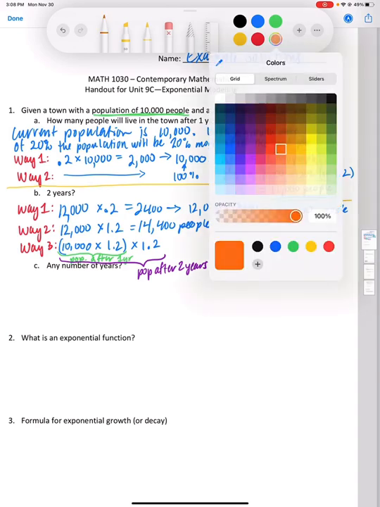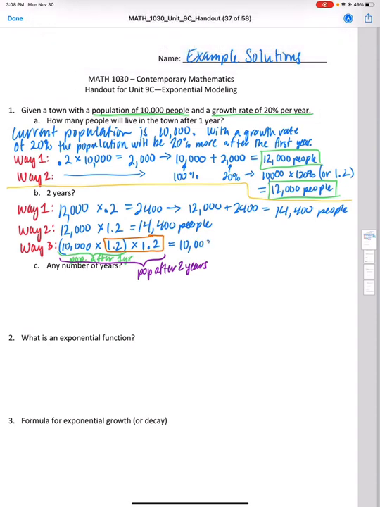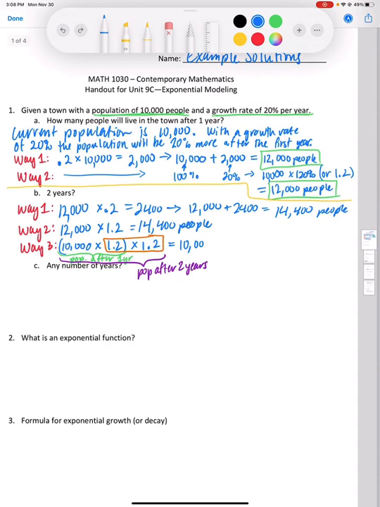Okay. So this part right here is actually, when I multiply it, I make that squared, okay? Same thing as 10,000 times 1.2 squared.